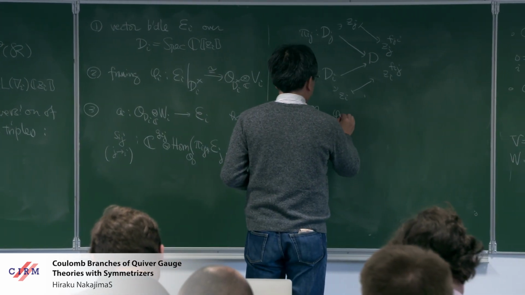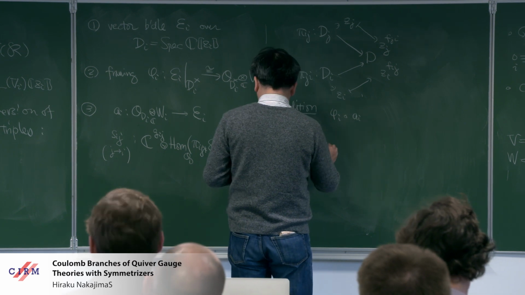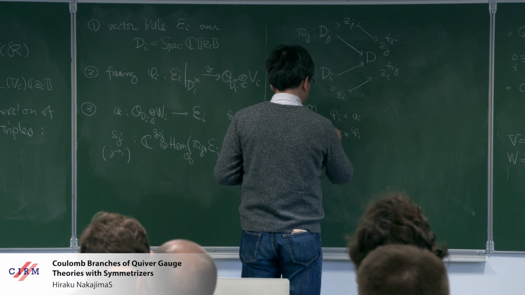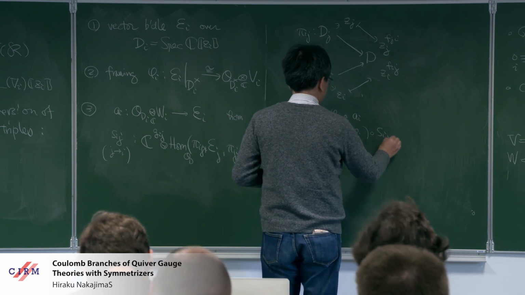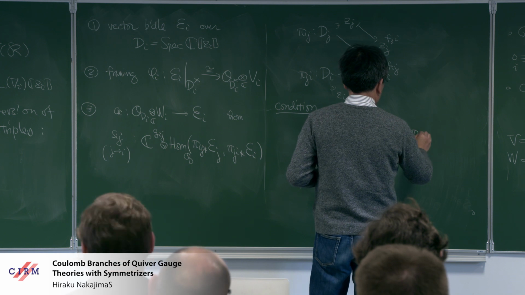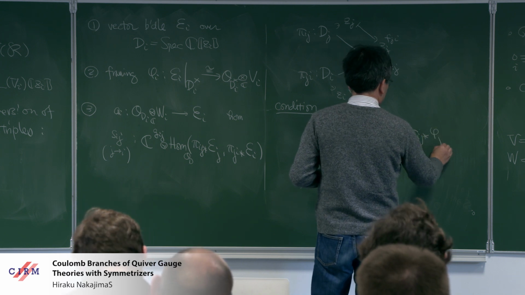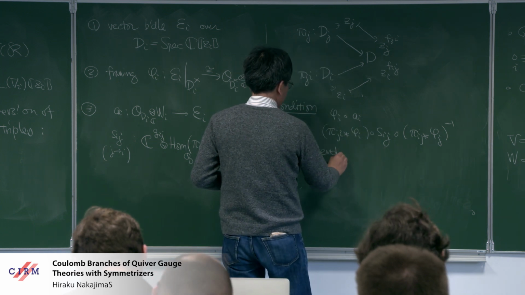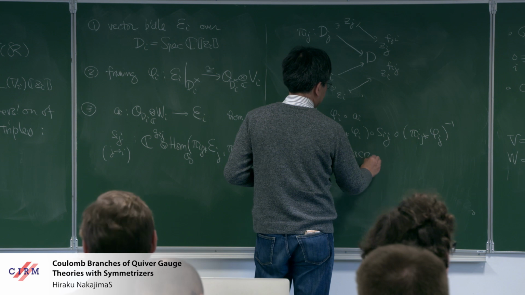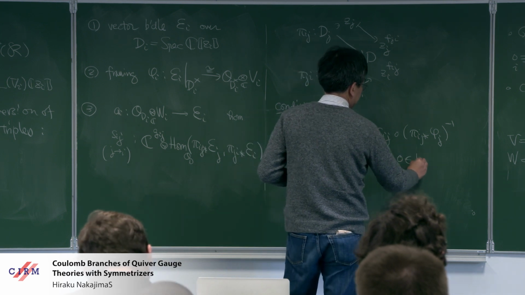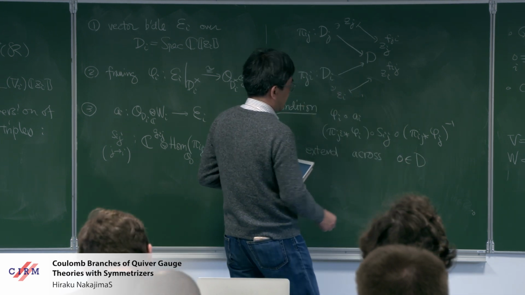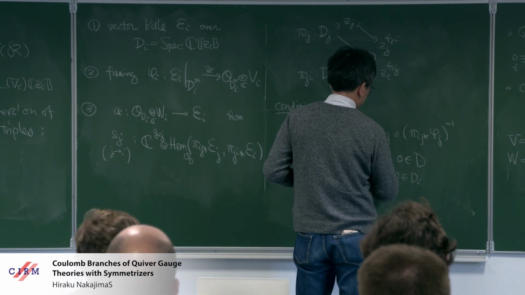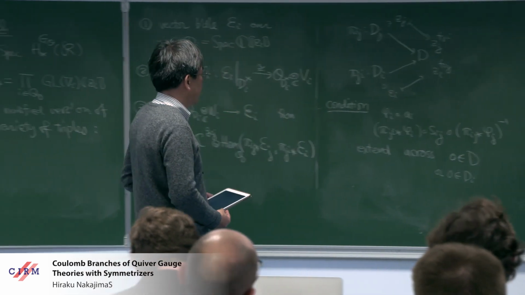That means phi_i times A_i, and also pi_ji star of phi_i times S_ij times phi_i extends over the disk D. So this is the condition.